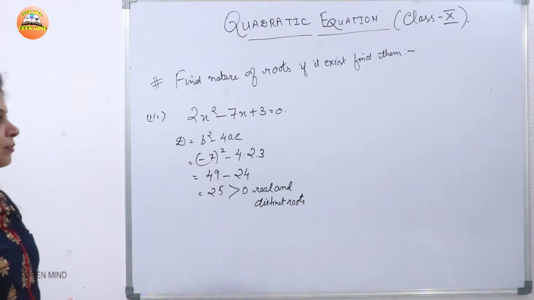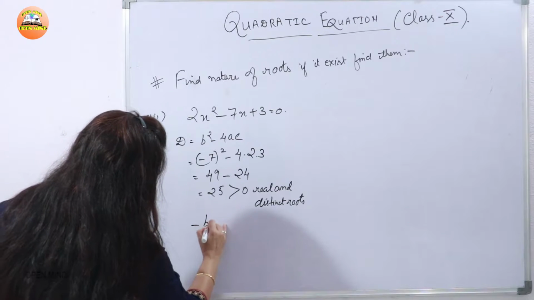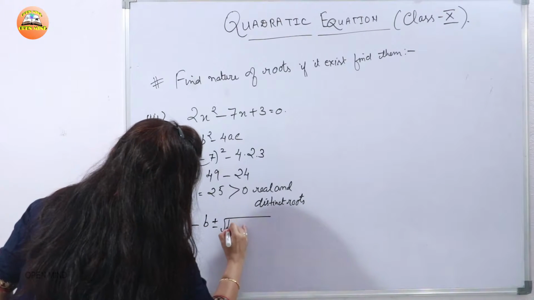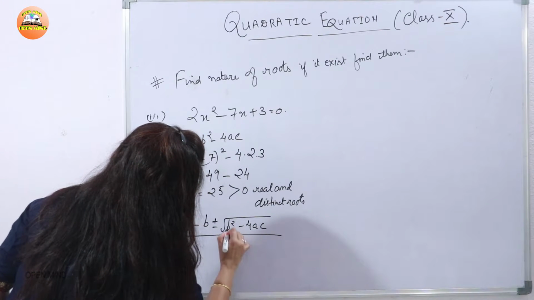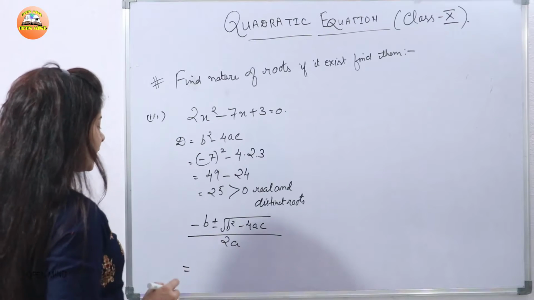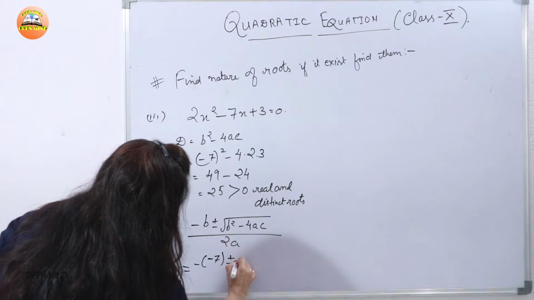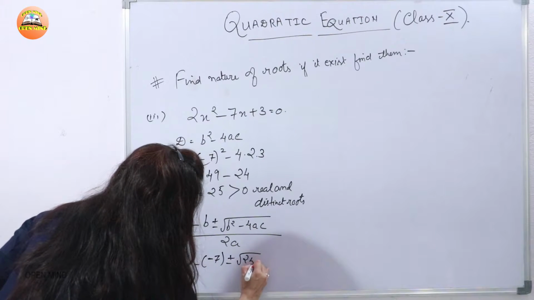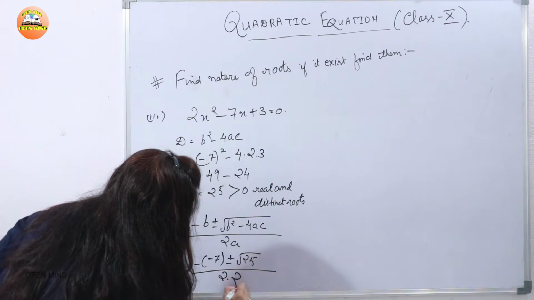Okay, so now we will substitute this in the formula. So what was your formula? Minus b plus minus under root of b square minus 4ac, the whole divided by 2a. So what was your b here? Minus 7. So minus of minus 7 plus minus under root of 25, the whole divided by 2a, means 2 into 2.